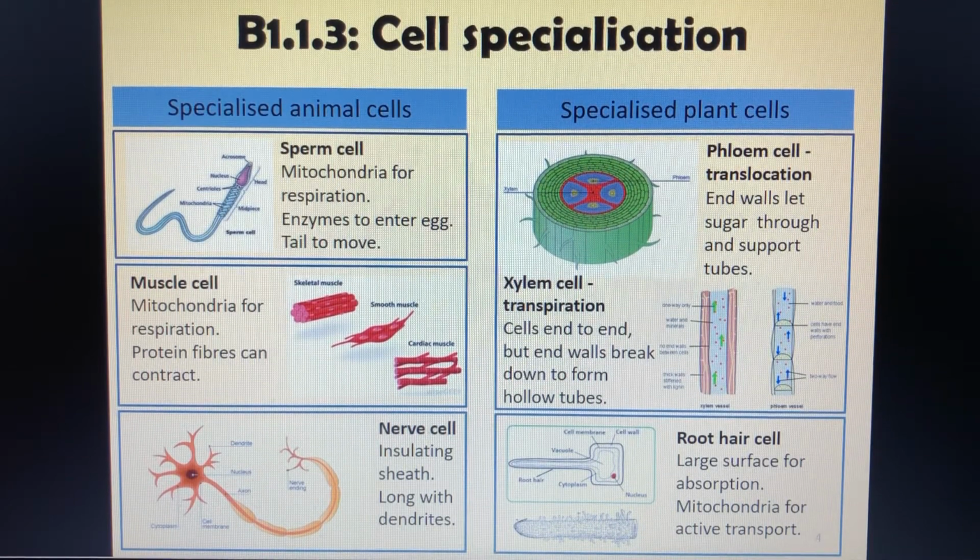So it's just like a straw. Now these are also cells stacked end to end, but the walls have broken down, forming that continuous straw. And it's that stringy bit of the celery that we're talking about here, okay? So that's what those tubes are like. Just think of them like straws.